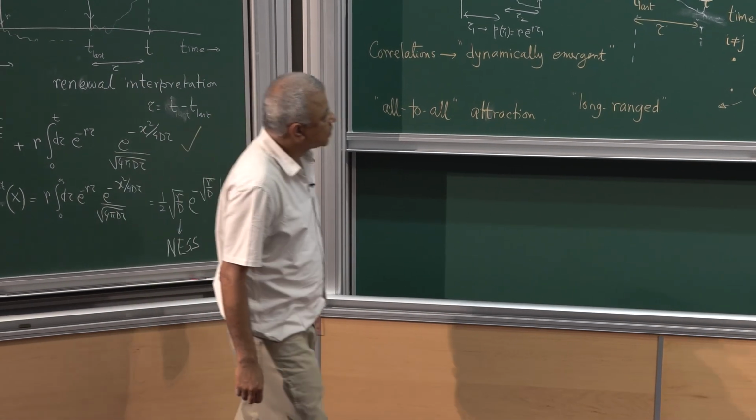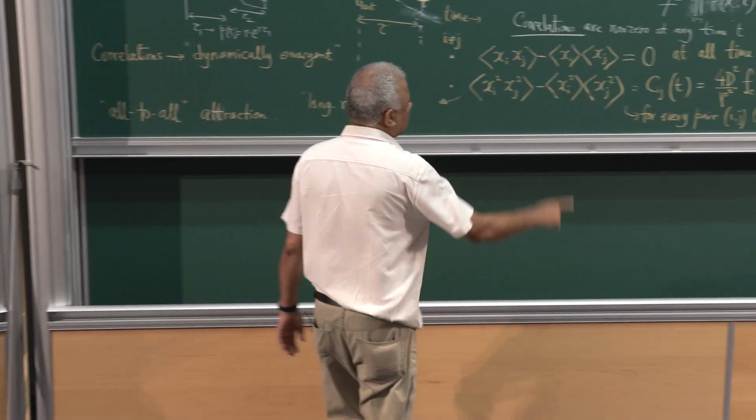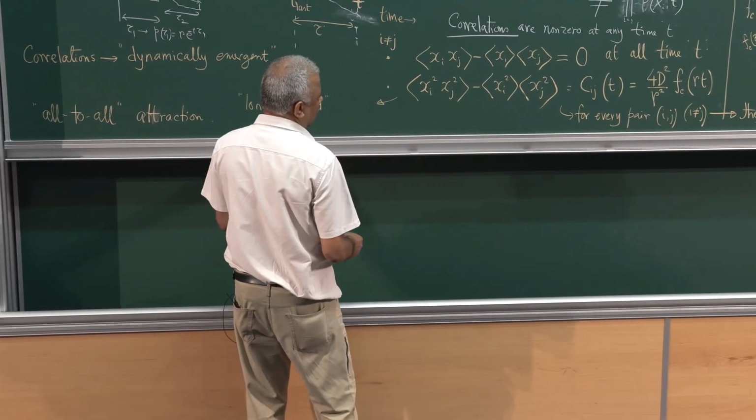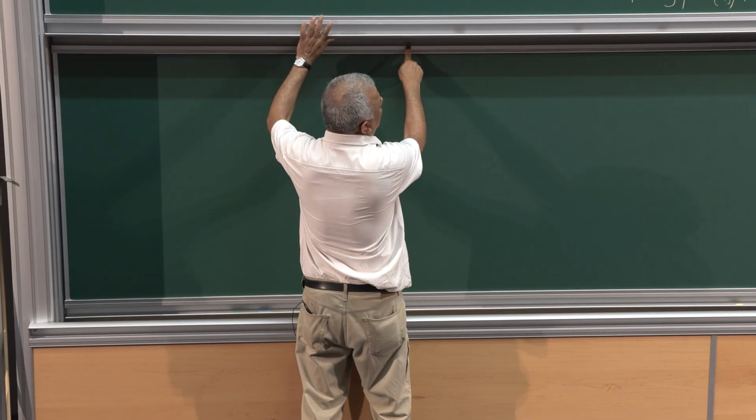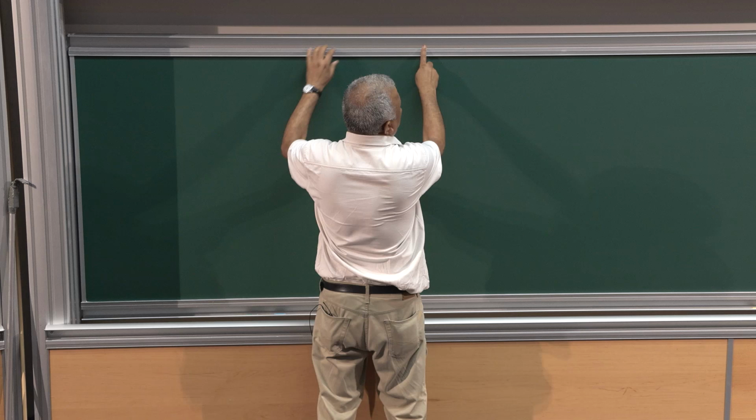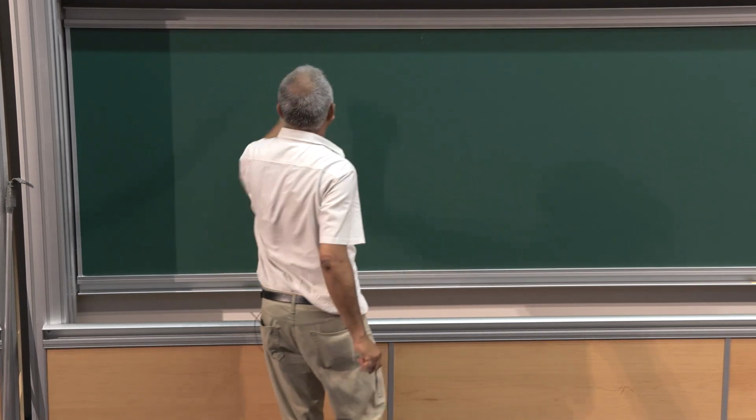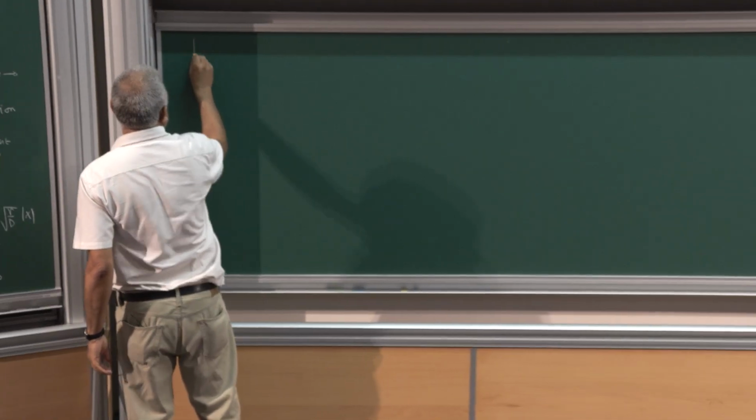Between these particles. You see that in the long time limit, I now focus on the stationary state. You can analyze this problem at any time t, but I will focus on the long time stationary state.